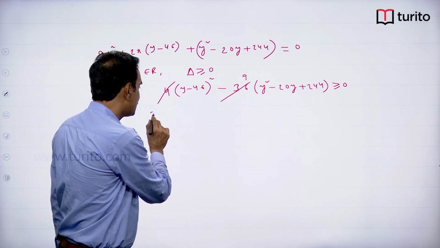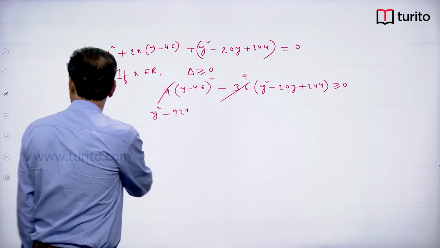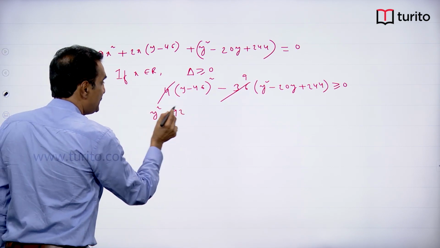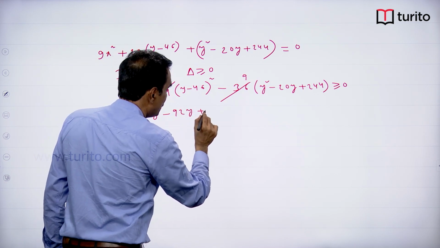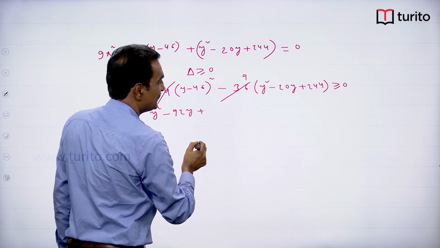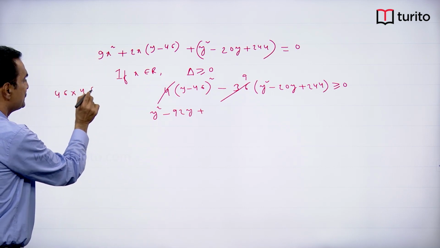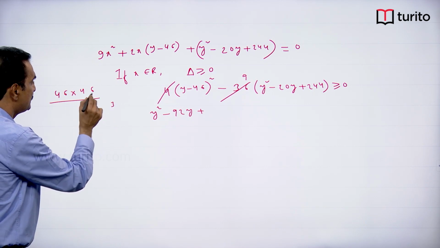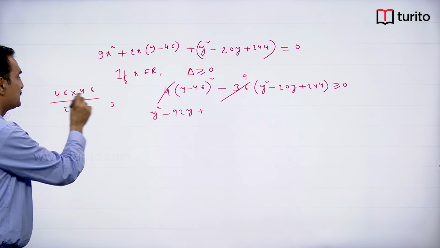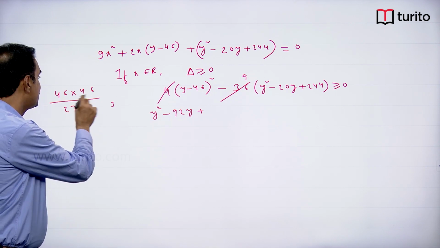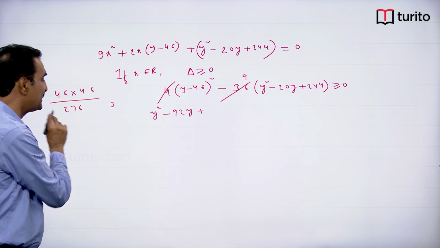Y minus 46 whole square is y square minus 92y plus 46 square, 46 into 46. 6 into 46 is 6 6s are 36, 3, 6 4s are 24, 24 plus 3 27.